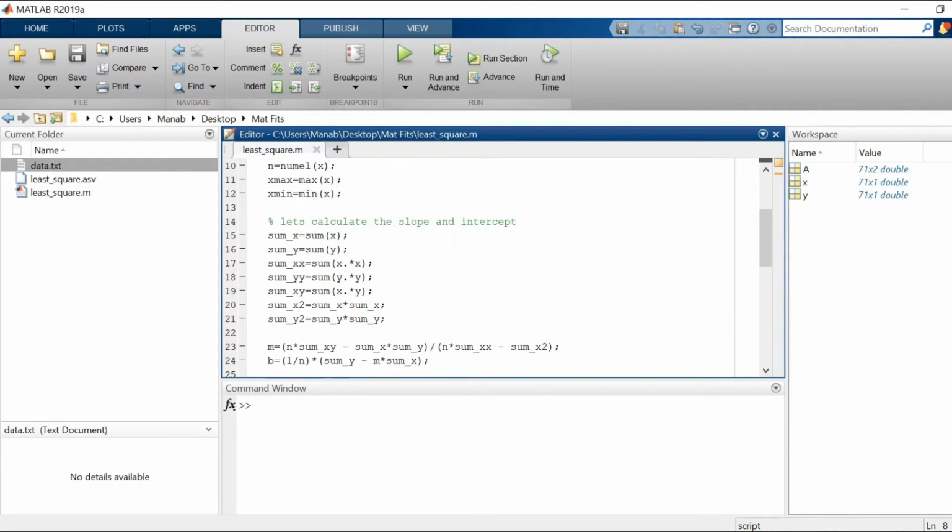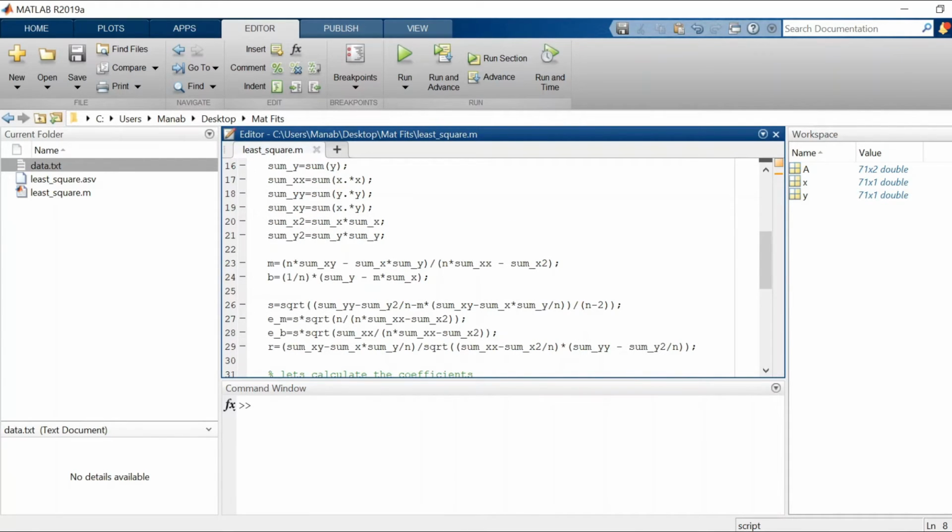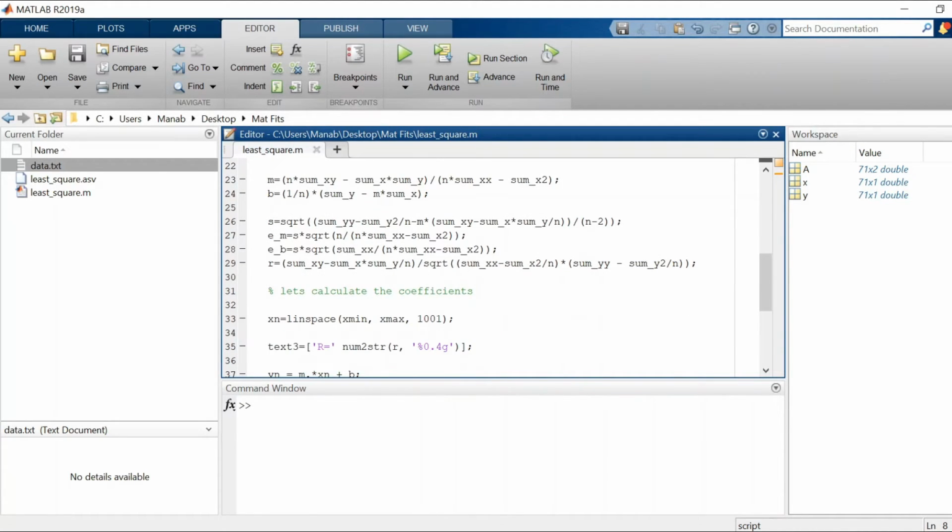Basically this is the sum of x, this is the sum of y, this is the sum of xi into xi, that is xi square, this is the sum of yi into yi, that is yi square, this is the sum of xy, this is the sum of xi whole square, and this is the sum of yi whole square. Now the slope and the intercept are given by this quantity, so this m is the slope and this is the intercept.